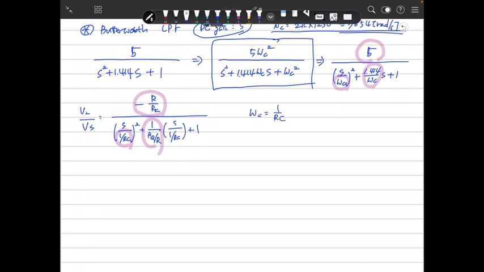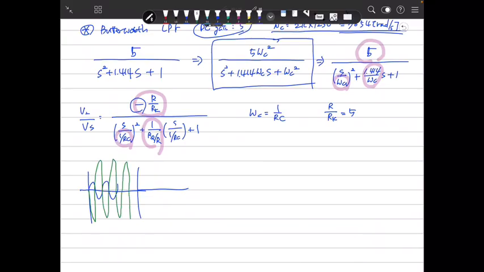Omega c is 1 over RC. Then RK is 5. The important thing is this is minus, but it's a plus. Gain is kind of the absolute value. So minus 5 means that V output is 5 times larger, but the sign is negative.